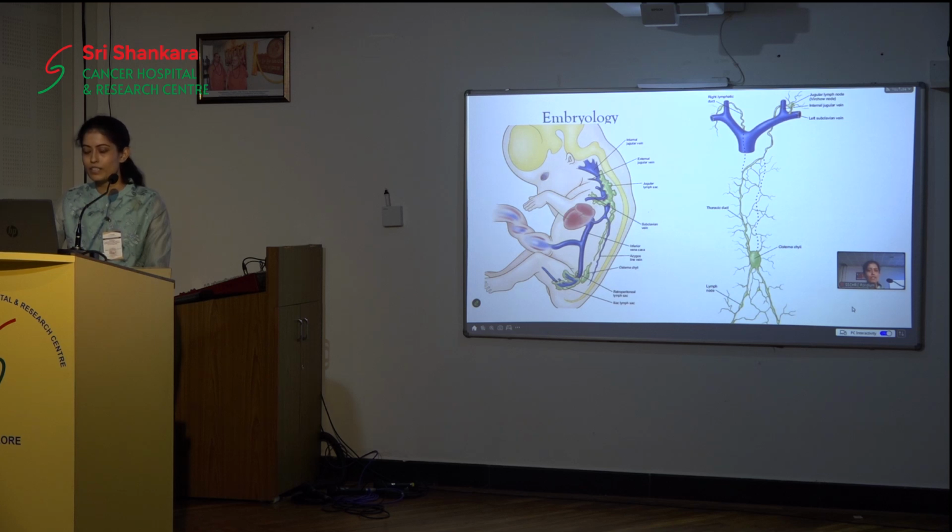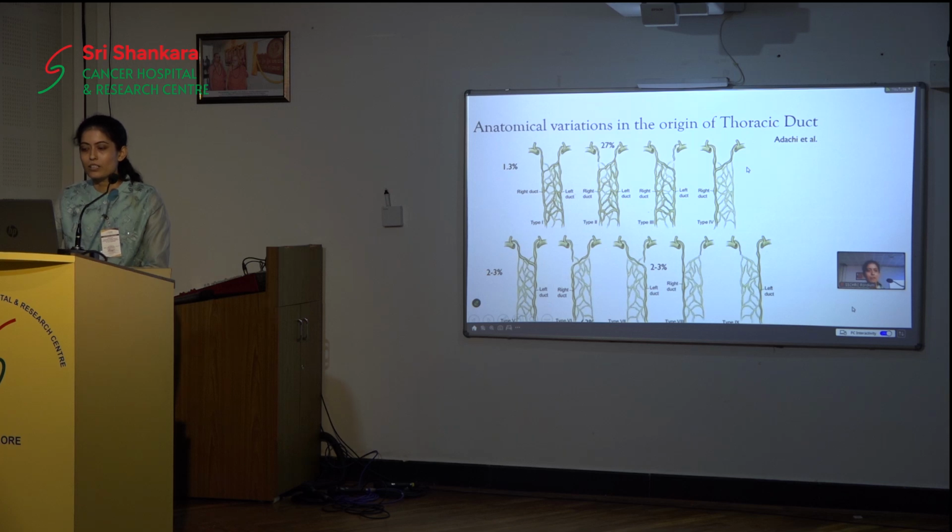Various degrees of involution and joining of these lymphatic trunks gives rise to the final thoracic duct. The final thoracic duct is formed by the persistence of the inferior part of the right-sided duct and the superior part of the left side duct and the intervening anastomotic segment. Persistence of the superior part of the right side duct can give rise to various abnormalities.